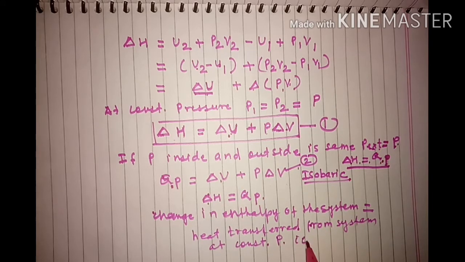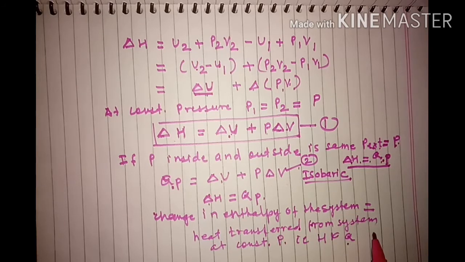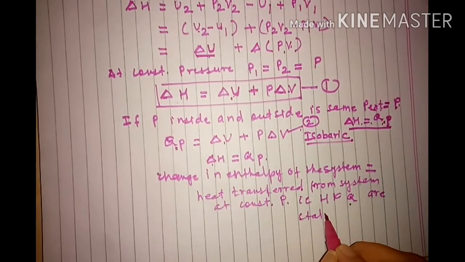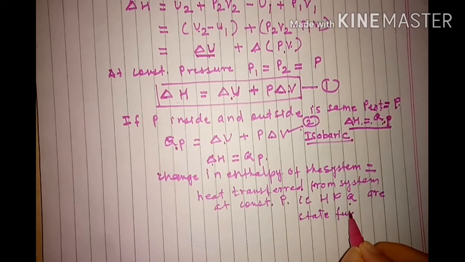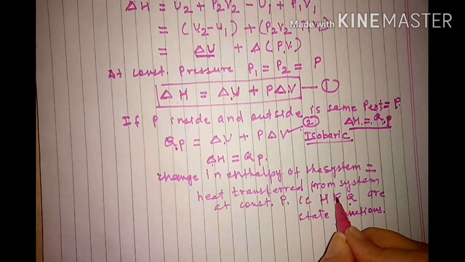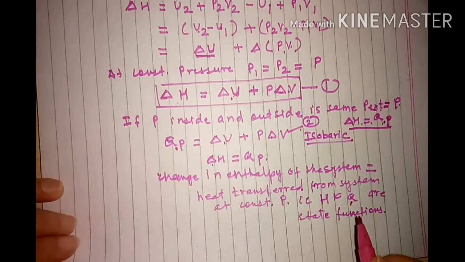That is H and Q, that is enthalpy and heat. These are state functions, so you can write these as state functions, meaning the values of these are dependent on the state of the system, that is H and Q. This is enthalpy and this is heat supplied or removed from the system.